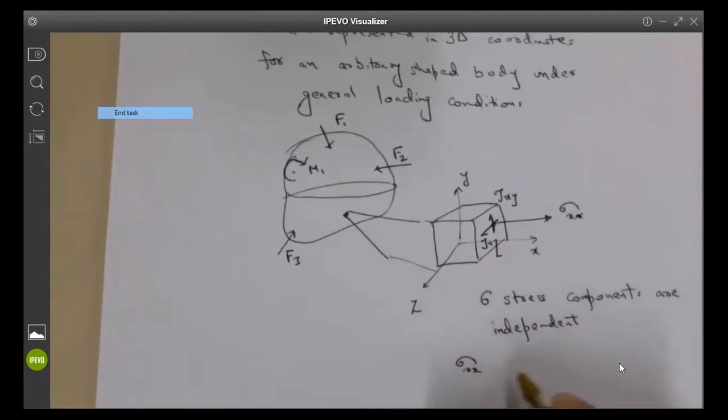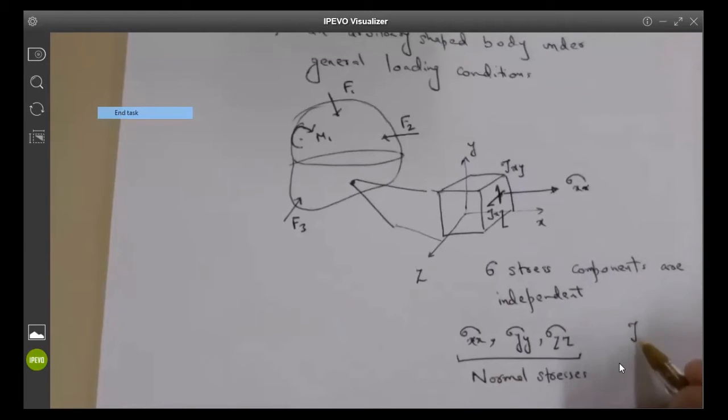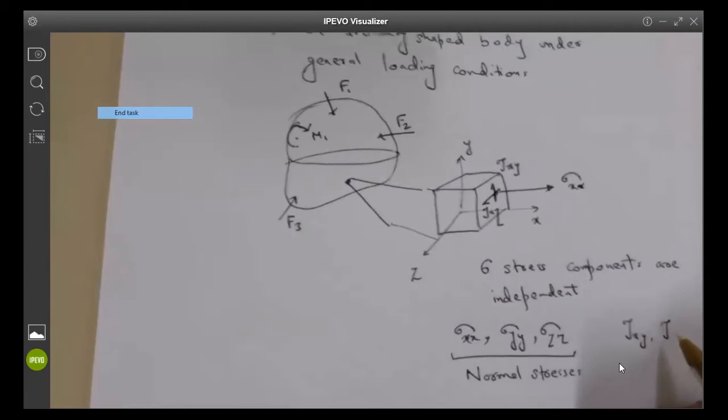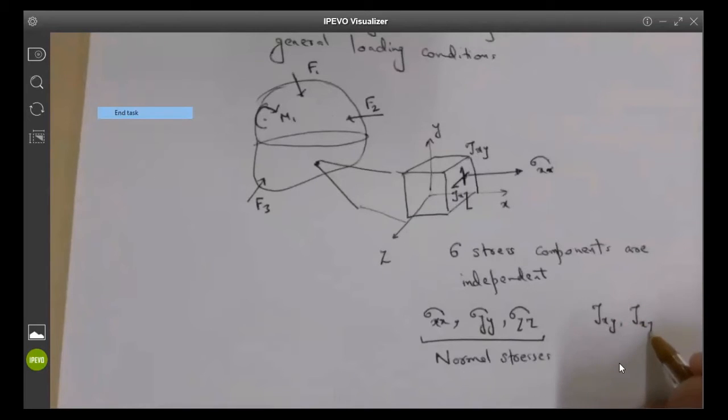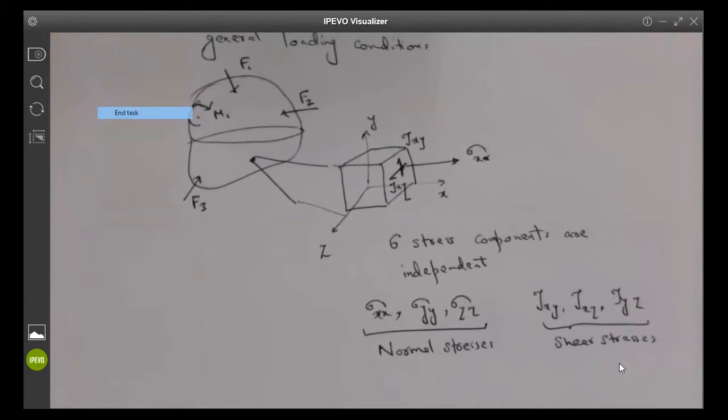Three of them are called normal stresses, represented by the variable sigma, and there are 3 more components which we call shear stresses, represented by the variable tau. Okay, so that's what we discussed.